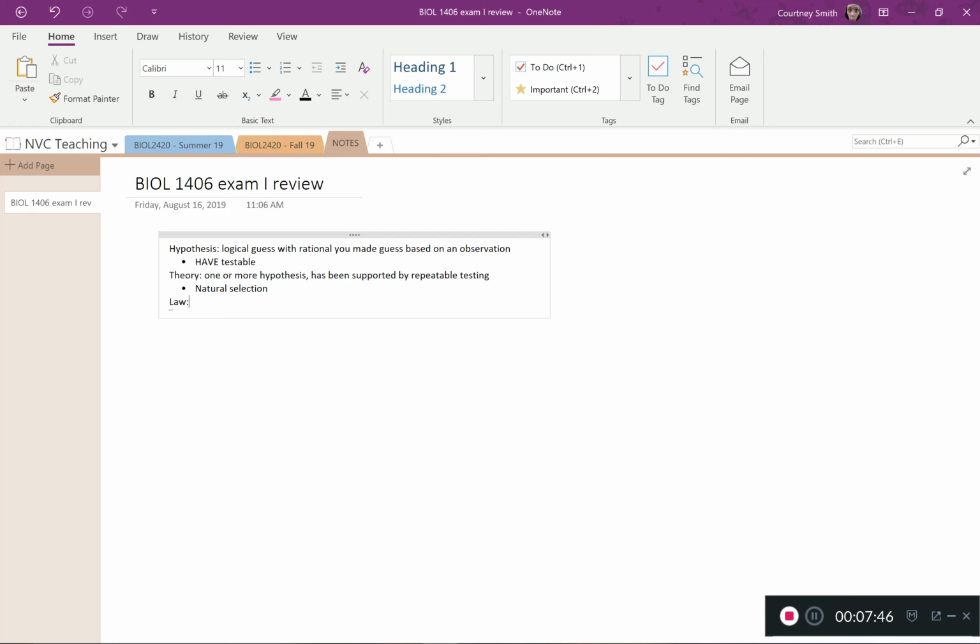Now, a law in science is a short, sweet statement that has not been proven wrong. Meaning it is always true. So an example of that, like I said in class, was thermodynamics.